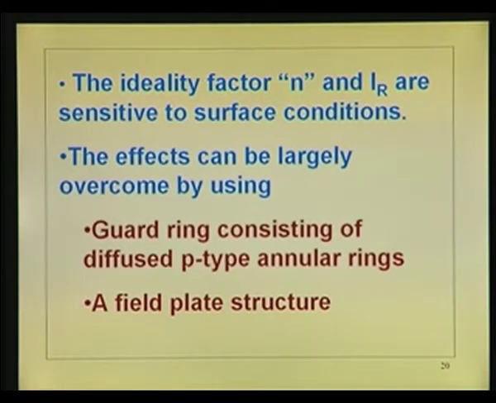Now, how to overcome that? With the ideality factor n brought closer to 1, you do not have to worry so much about the ideality factor. So, what if it is just 1.01, 1.02, but what is more of a concern will be the reverse current. Okay. They can be overcome by two typical methods which are used in practice. One is the guard ring, consisting of a P plus layer put around that.